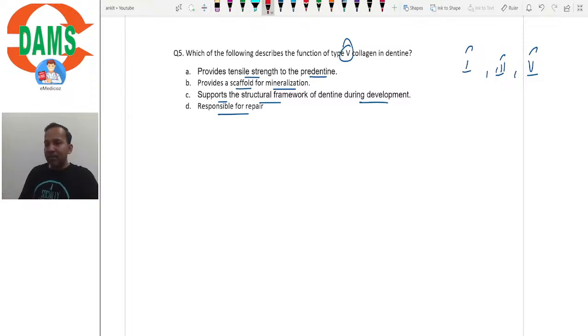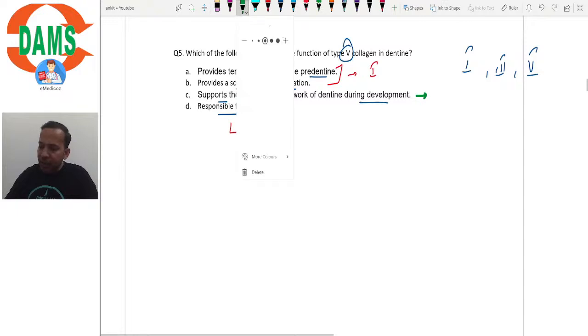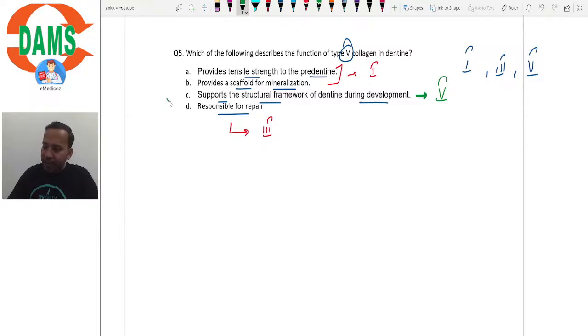Palak, Bhavna, Shailesh, maybe you can try to answer this question. See, option D is for type 3 collagen. Options A and B represent the function of type 1 collagen. So option C is for type 5 collagen. The correct answer is option C, it supports the structural framework of dentin during dentinogenesis or during development.